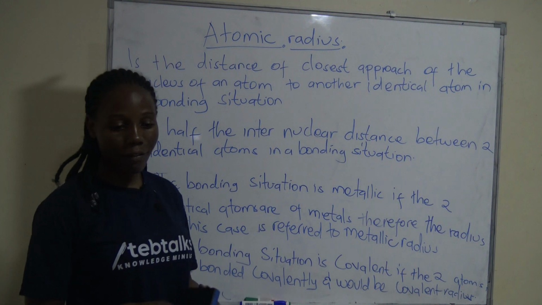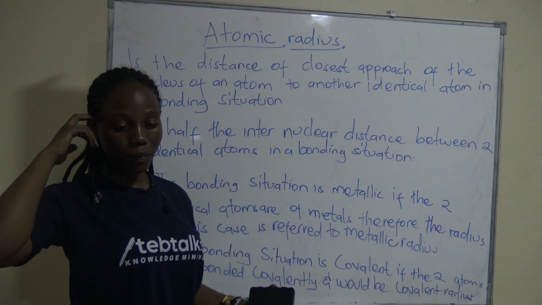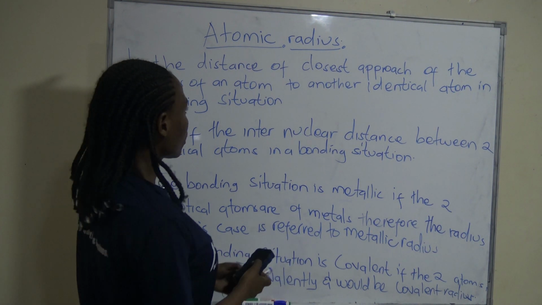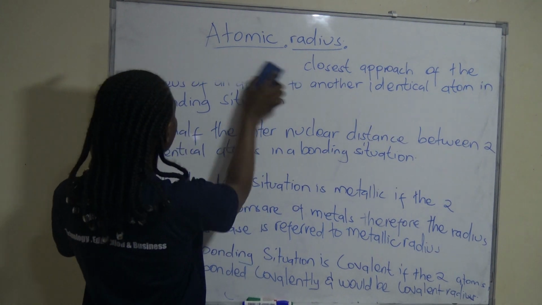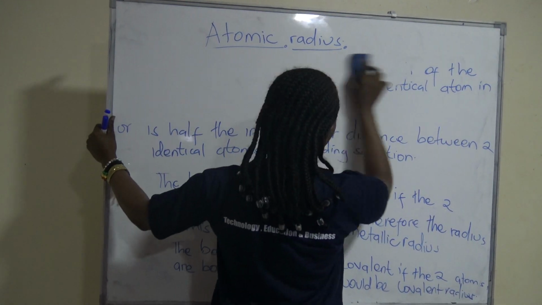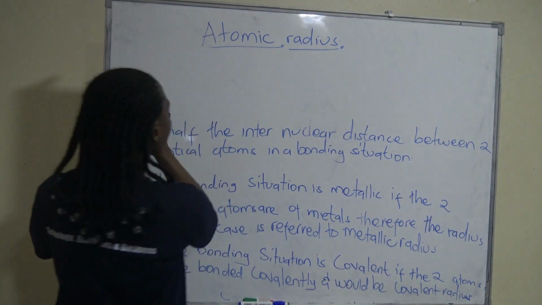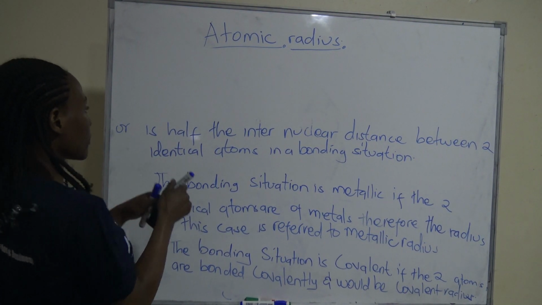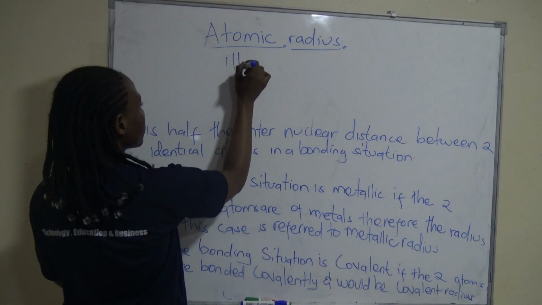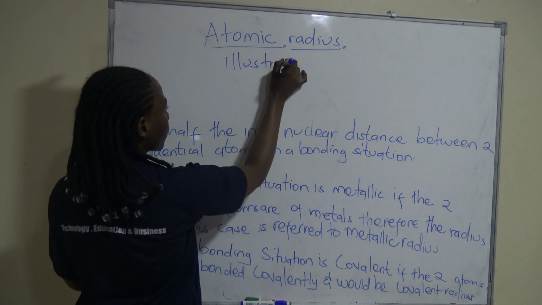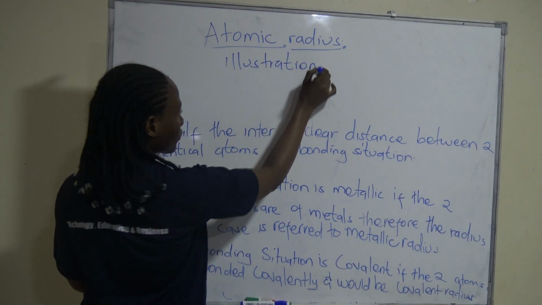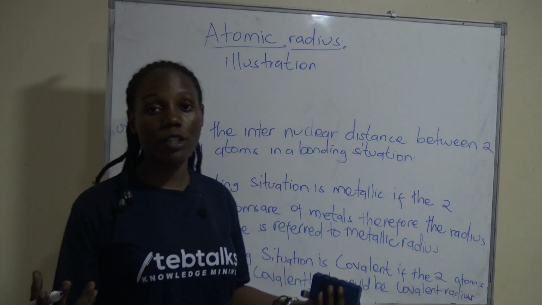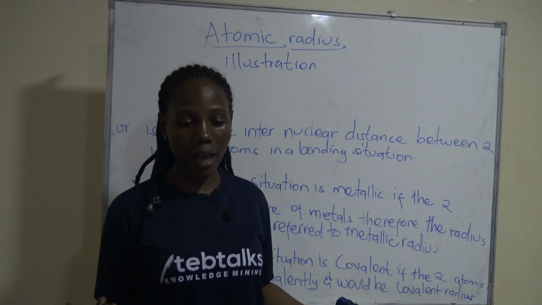So we are going to have the illustration of the atomic radius, and from the illustration, that means it is a diagram.